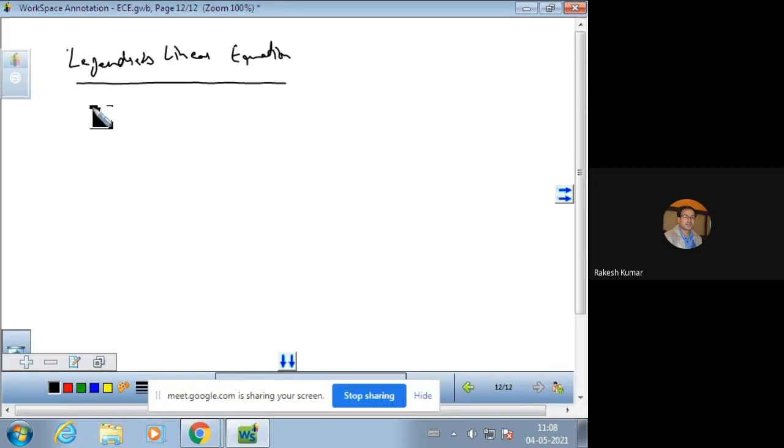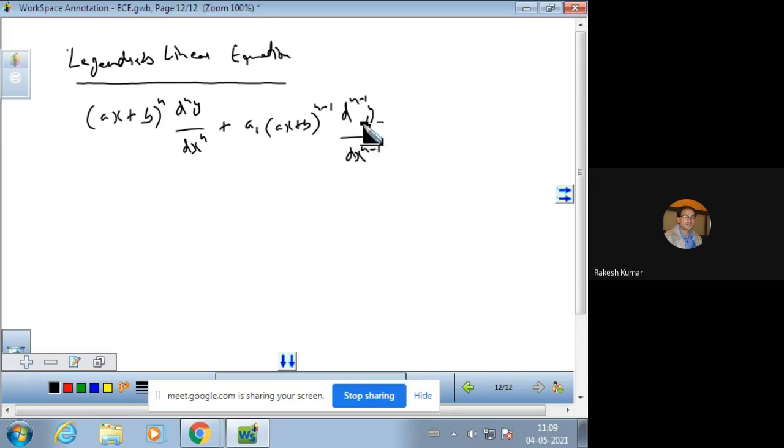The general form of a Lysander's linear equation is (ax plus b) raised to power n, nth order derivative of y with respect to x, plus a1 (ax plus b) raised to power n minus 1, n minus first order derivative of y with respect to x, plus a2 (ax plus b) raised to power n minus 2, n minus second order derivative of y with respect to x, plus so on.